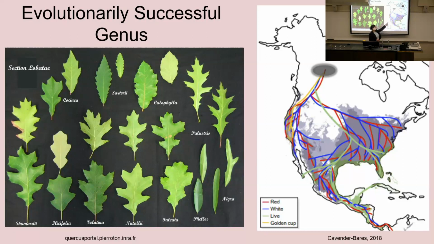We have the red lineage of oaks shown in red, the white shown in white, diverging down, splitting off across the Rocky Mountains, or a little bit above there, into the western and eastern United States. In the southern United States, in green, we have the live oaks, and then in California specifically, we have the golden cup oaks, shown in gold. So again, within our study, we're able to represent these varying sections of oaks as well.